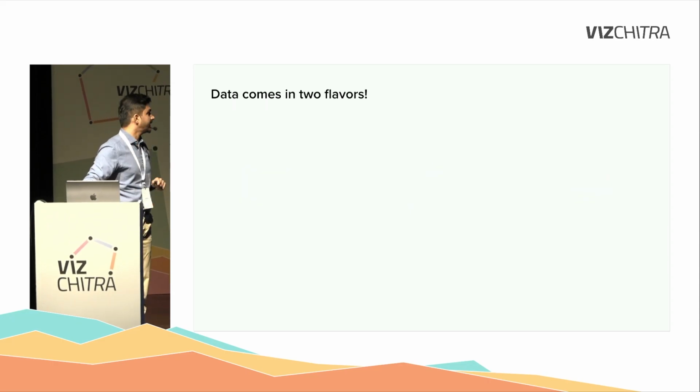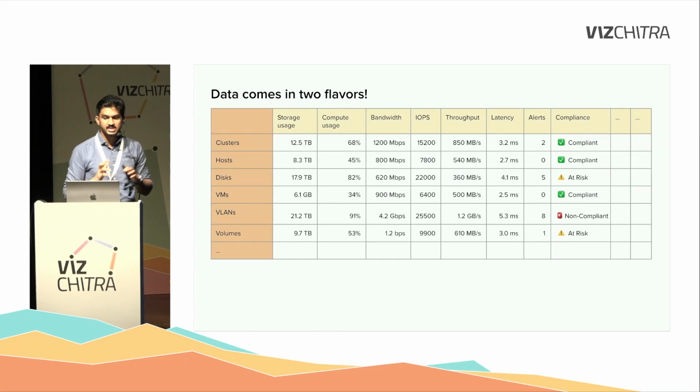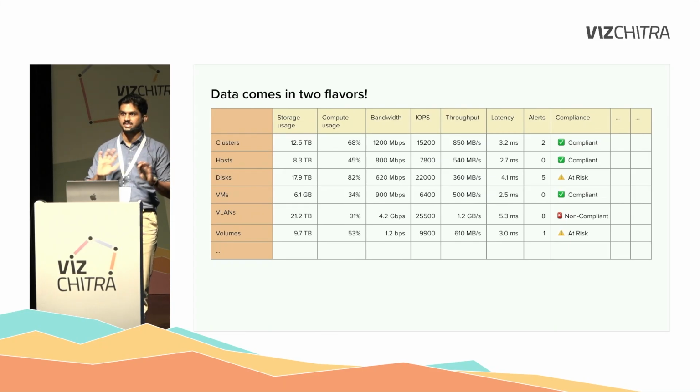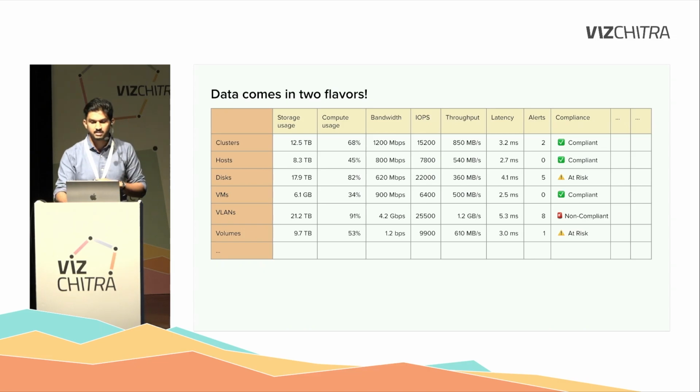The large and varied data that we spoke of comes largely in two flavors. Consider this as a sample data set I'm showing. This is like 1% of the scale we deal with.